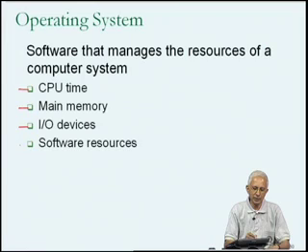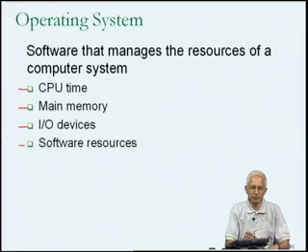And finally, how it manages the software resources of a computer system. And the key concept here was that when a program is in execution, we have the concept of a process, and the operating system manages the different processes which are sharing the resources of a computer system.